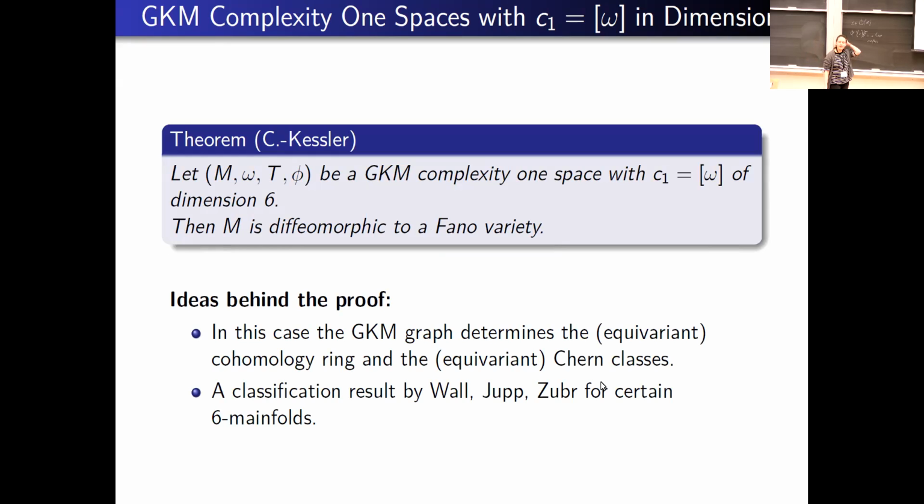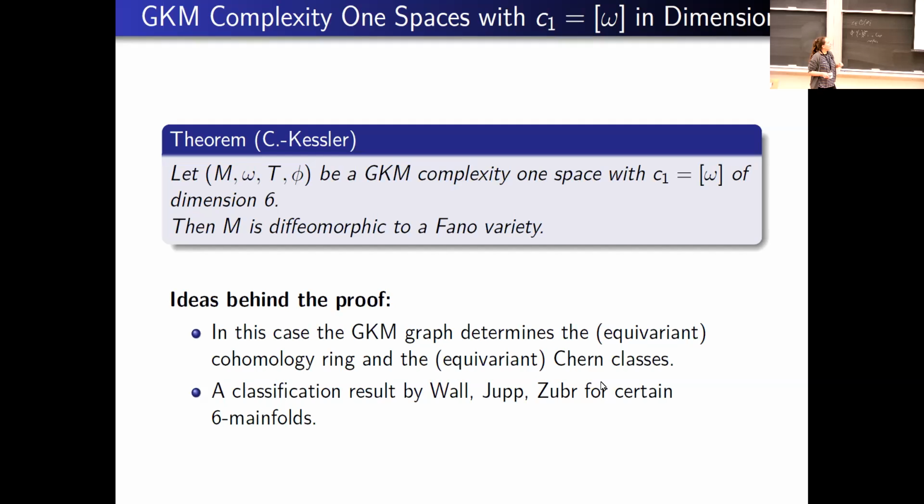And I want to say something about the proofs here, because this has to do with complexity 1. Namely, when you have this complexity 1 action, then the GKM graph determines the equivariant and the ordinary cohomology ring. And here I have to be careful, in particular with Z coefficients, integer coefficients. This is important.